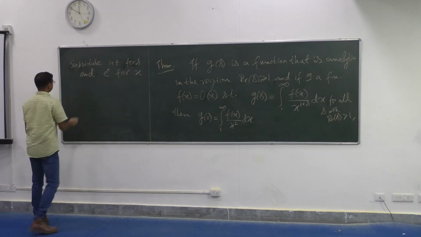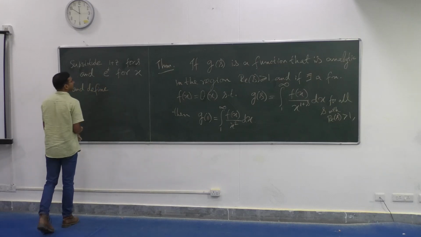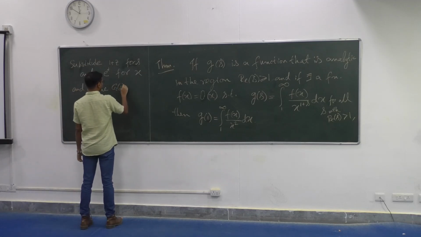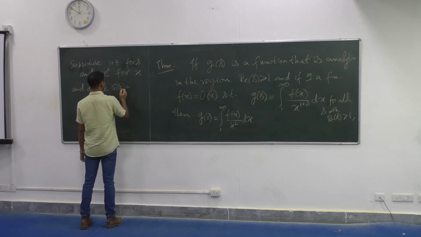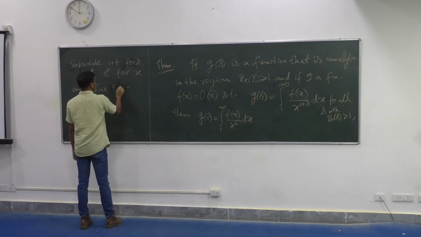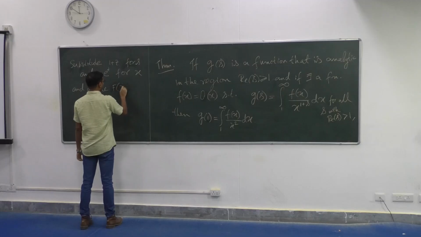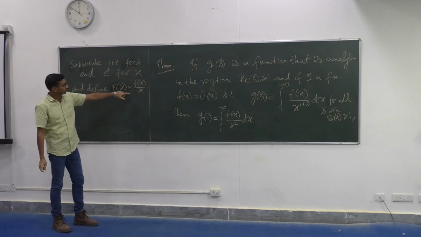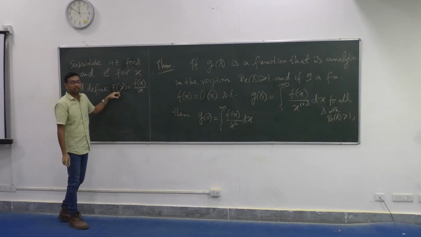And define g of z as, but we just work with f of z. F of x is equal to f of x by x, in particular since f of x is big O of x, that means capital F is bounded.